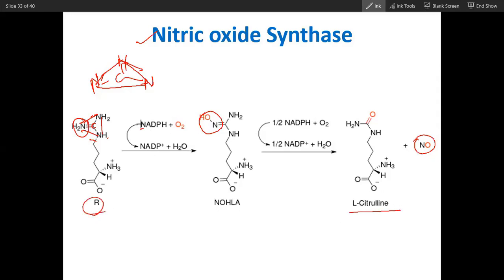There is consumption of NADPH for synthesis of nitric oxide; 2 NADPH are required there. So did you understand this? Synthesis of nitric oxide requires arginine and NADPH.